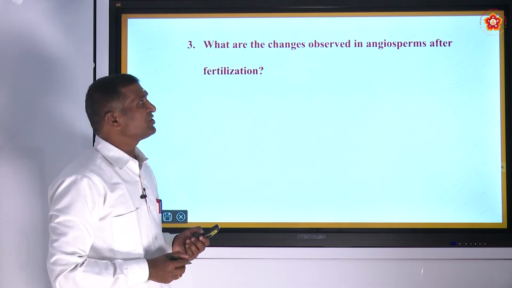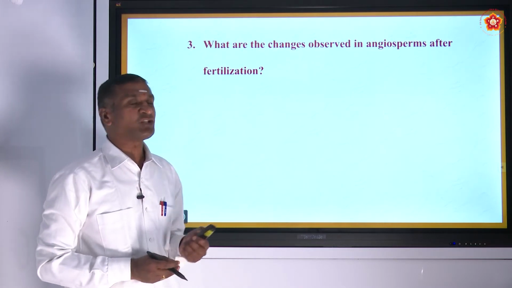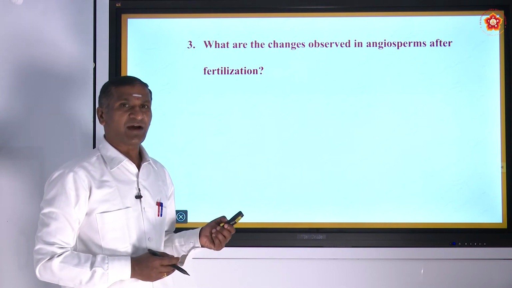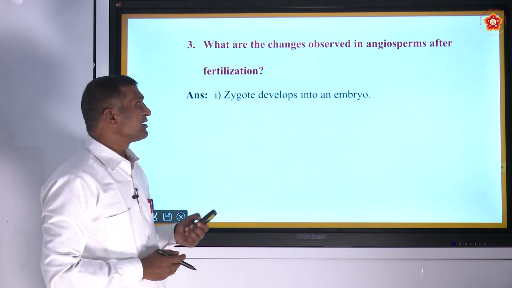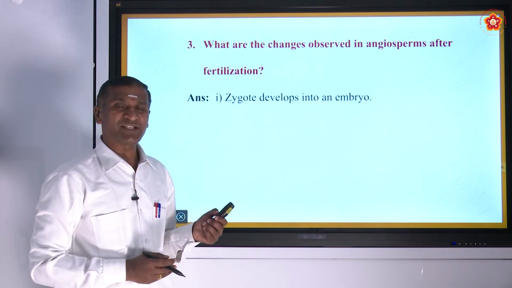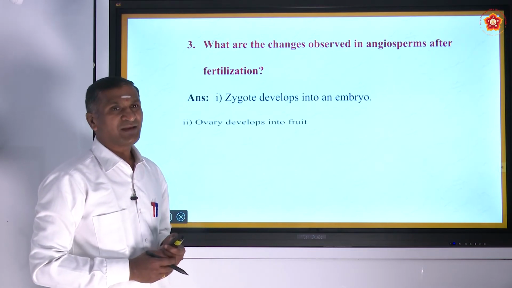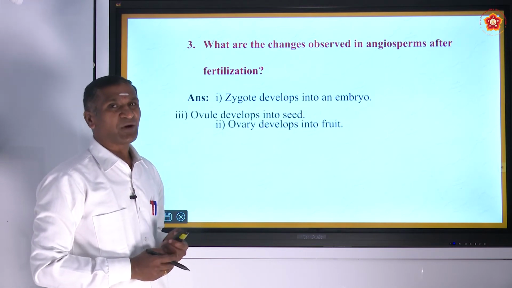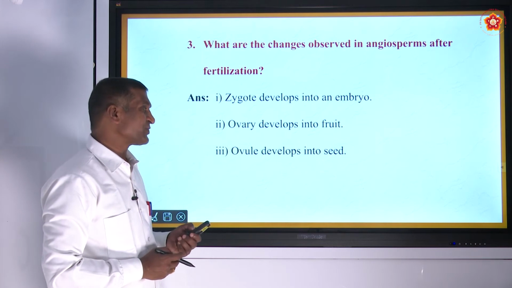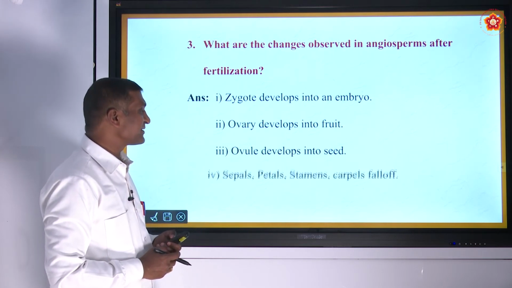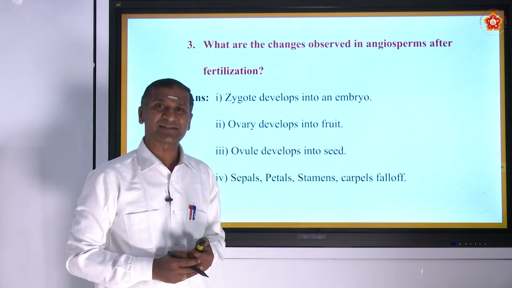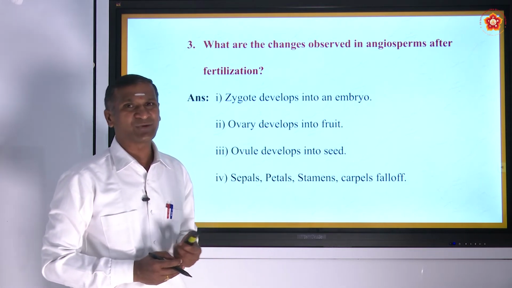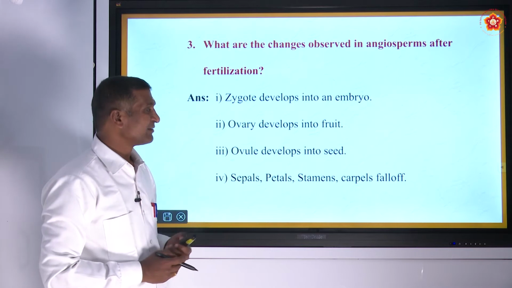What are the changes observed in angiosperms after fertilization? After fertilization, the zygote develops into an embryo, the ovary develops into fruit, the ovule develops into seed, and the sepals, petals, stamens and the carpel or pistil fall off.